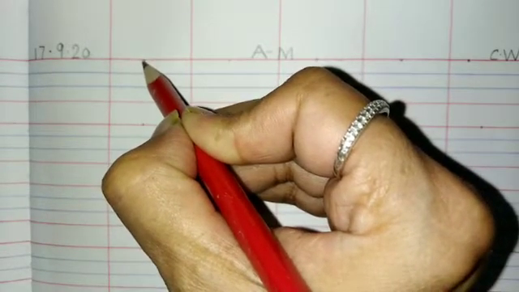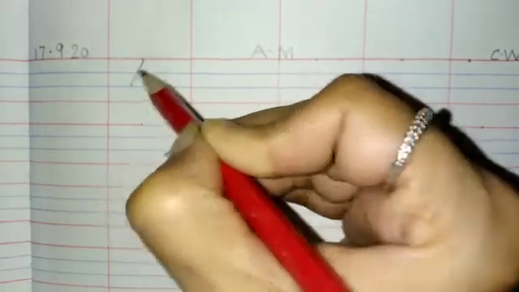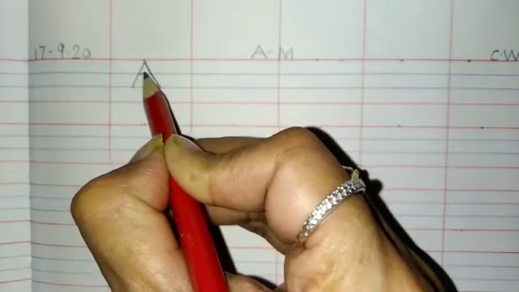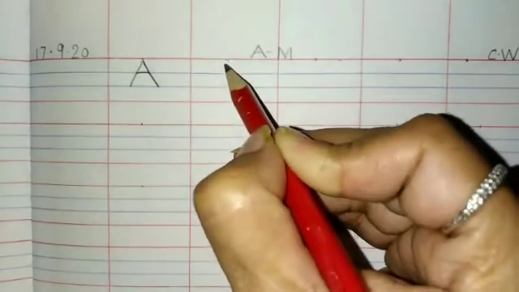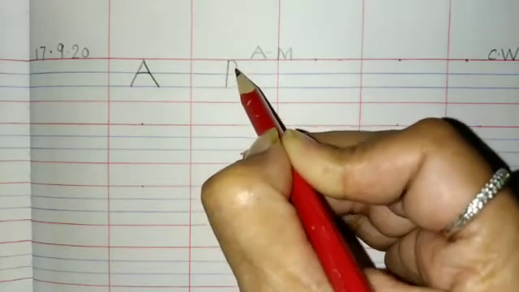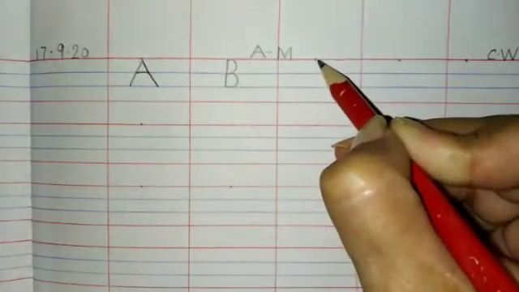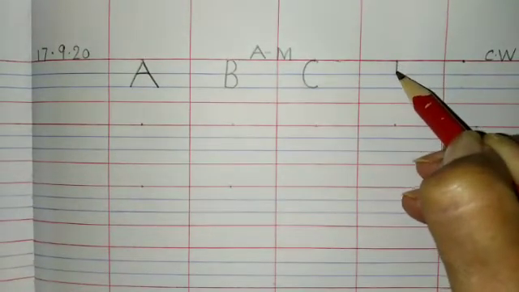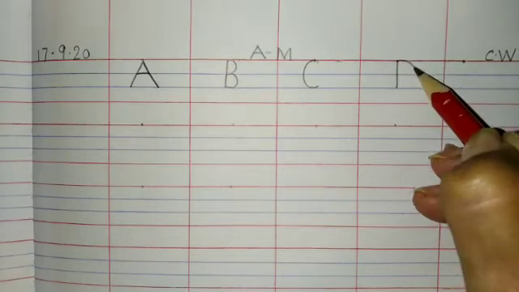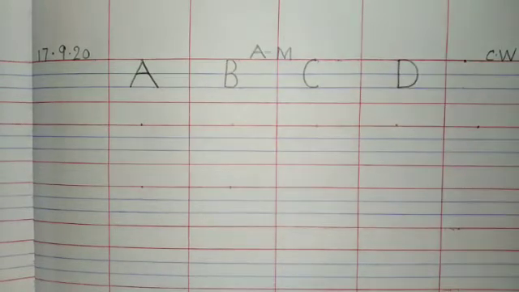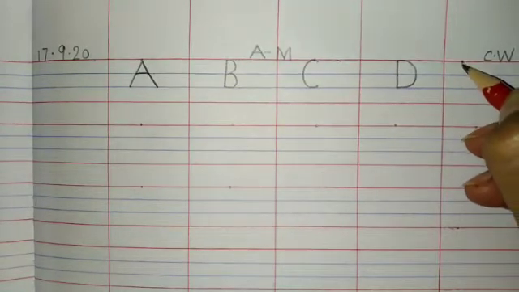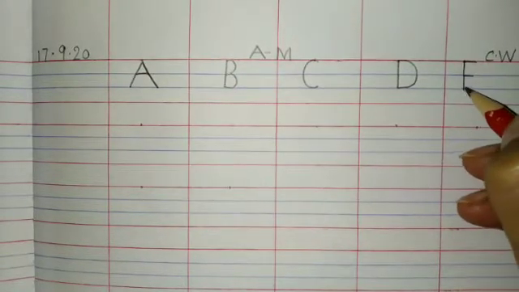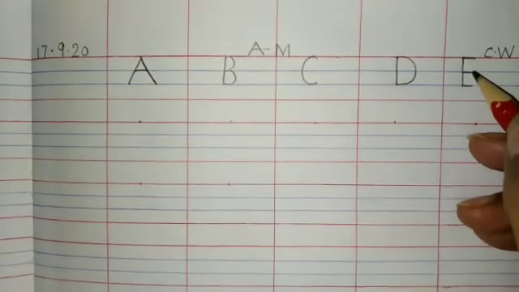From this dot we will make a slanting line like this, touch it here, another slanting line, touch it here, and a sleeping line here, A. Then we will make B. C is very simple. Then comes D, make a standing line and a ulta C like this. This is D. Now comes E: standing line, sleeping line, another sleeping line, one more sleeping line, E.